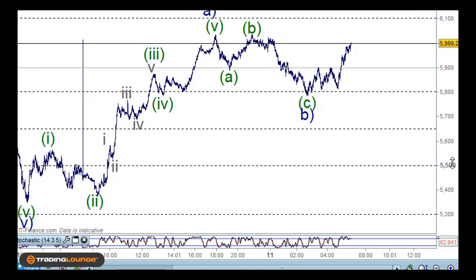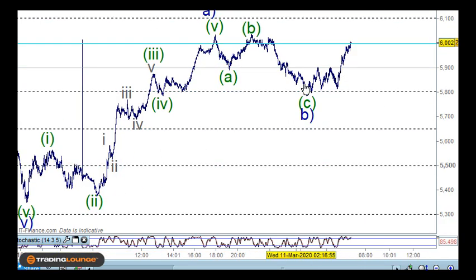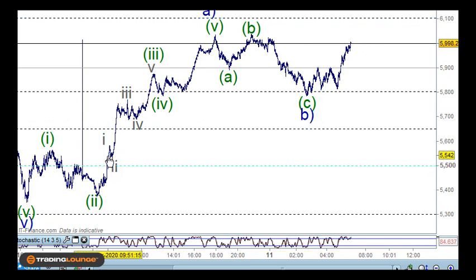We should see the third wave starting to build up here. There should be some sort of equality between wave A and wave C as well. So this is the sort of length that we're getting. Comparing this structure to this one, we would be down here somewhere, so a fair way to go.